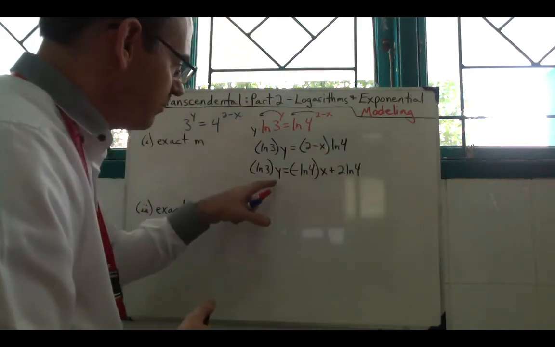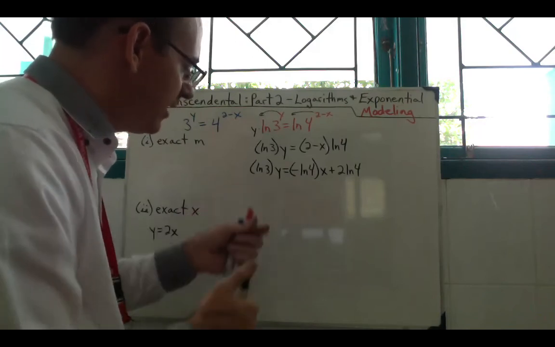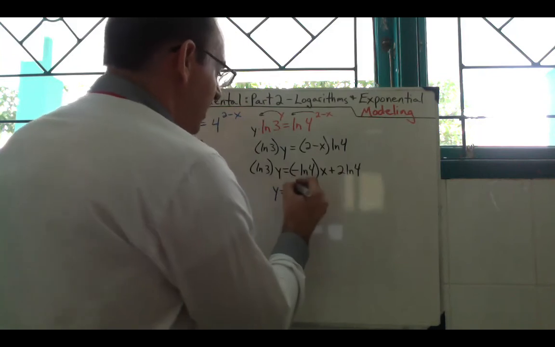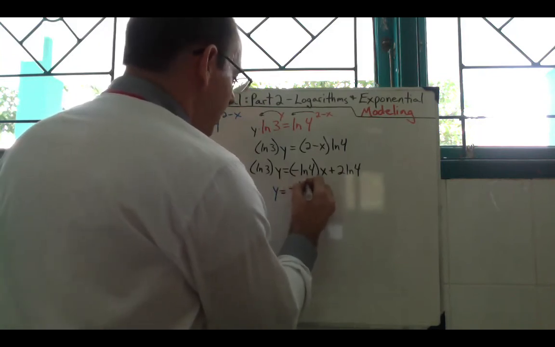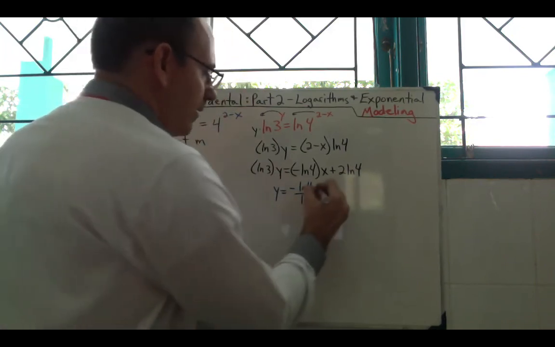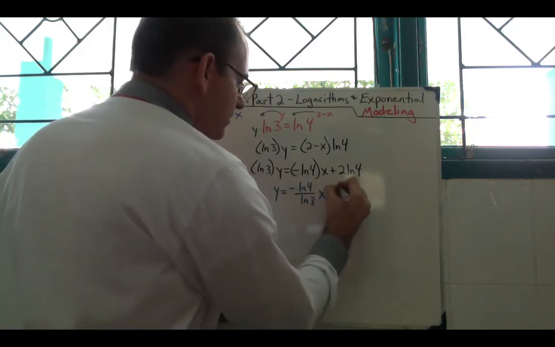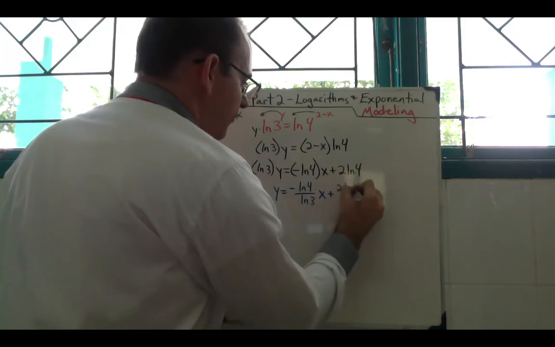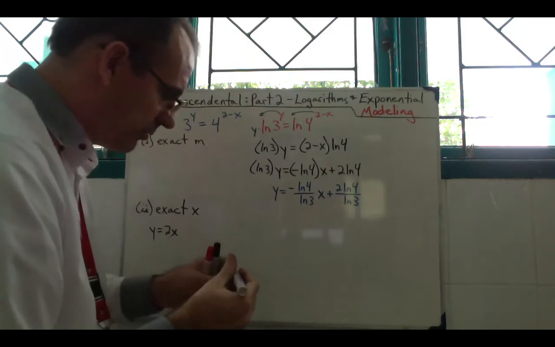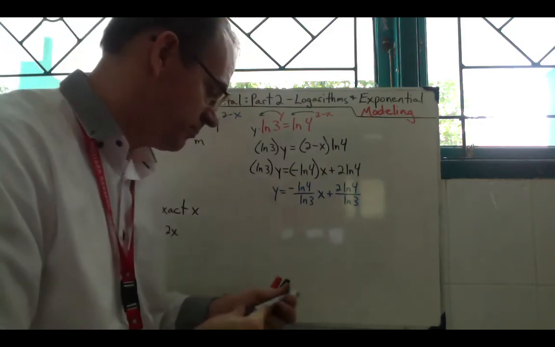And then, because we're looking for slope, we want to get y by itself. So y equals a negative ln 4 over ln 3 x plus 2 ln 4 over ln 3. So we divide ln 3 through to make y the subject.